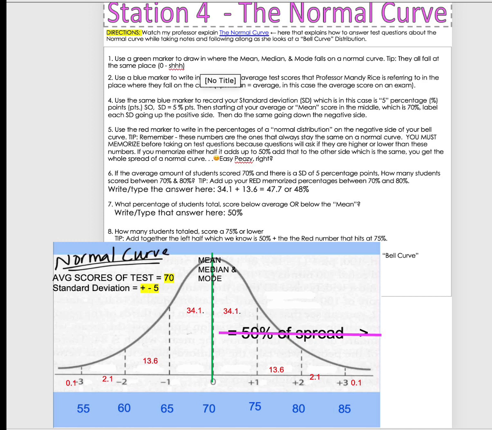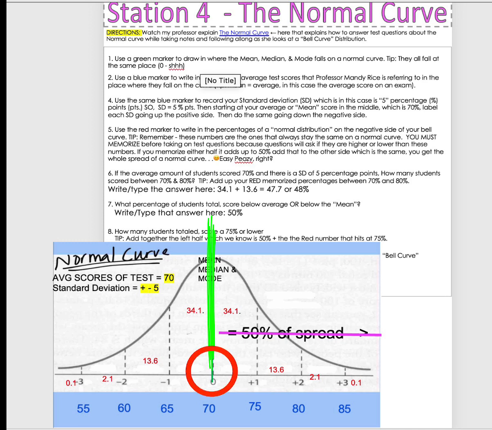Okay, so the first part, as we know, says use a green marker to draw in where the mean, median, and mode falls on a normal curve. Remember they all fall on the same line. So I put the green line right here.